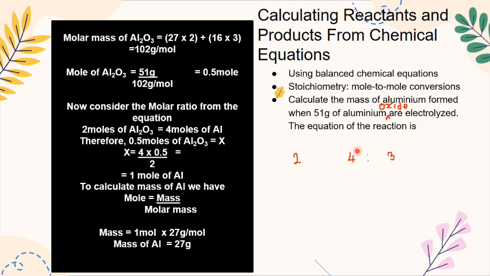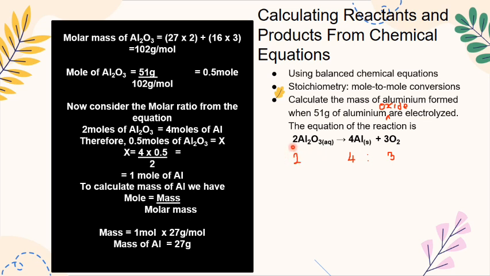The equation of the reaction is, okay, so you can see the equation of the reaction below. So this is actually the solution, but let me just explain one or two things from the equation. Looking at this equation, you can determine the mole ratio.